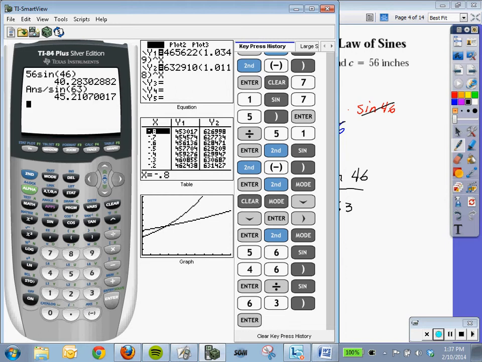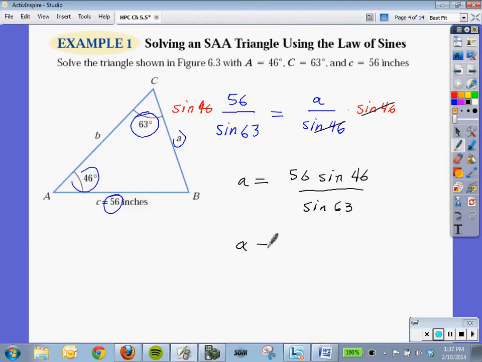So that gives me 45.2, which means my little a here, I'll go ahead and do approximate. Little a is approximately equal to 45.2. So I got this side here is 45.2.